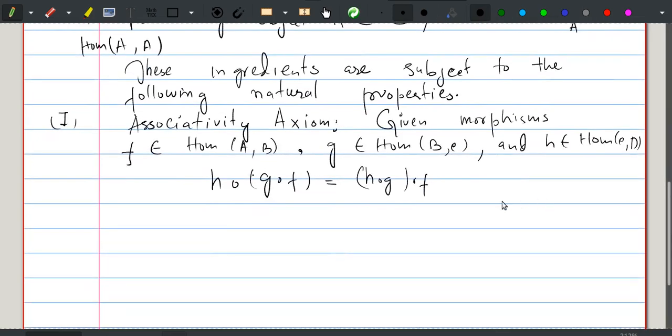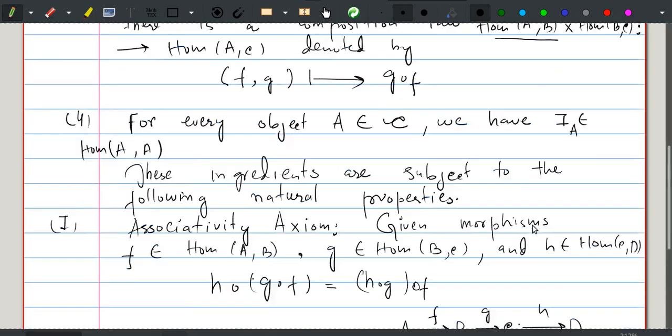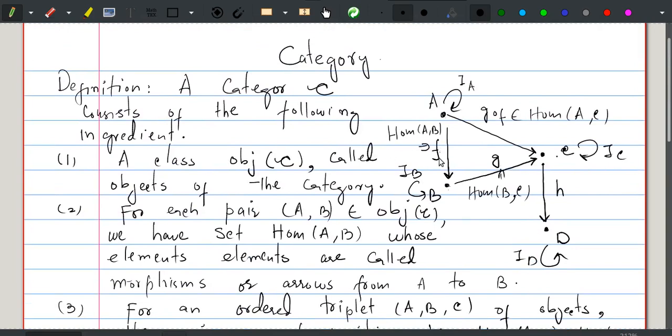So this is A here, this is B, this is C, this is D. So this is the morphism F, this is G, this is H. So obviously these two compositions are from A to D. So one can see over here, if we go from B to C, then C to D, it is the same as going from B to D. So this is the composition map H composed with G.